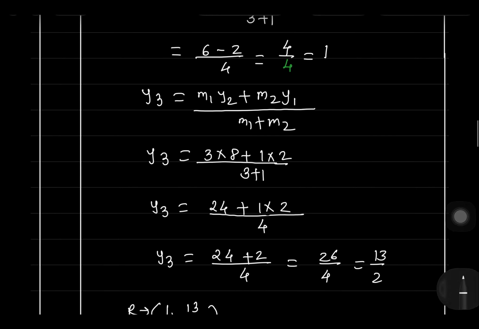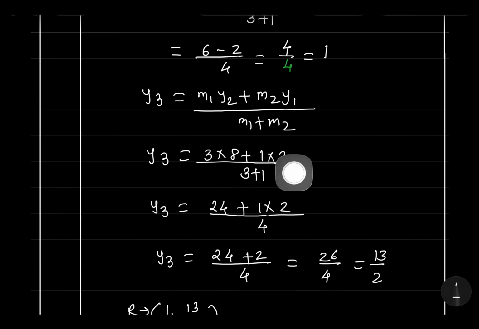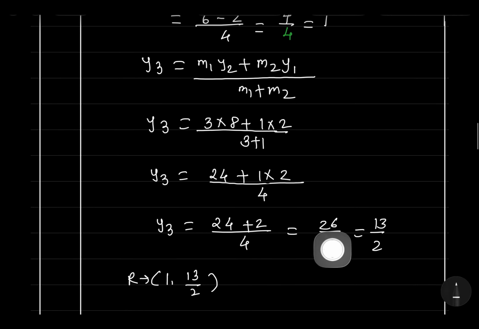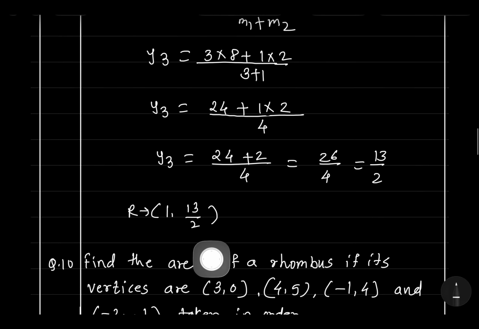Then see here, 3 into 8 is 24, 1 into 2 is 2, means 24 plus 2 is 26 upon 4. And here in division you take the reduced form: 26 upon 4, divide by 2, you will get 13 upon 2. So R is (1, 13 upon 2).